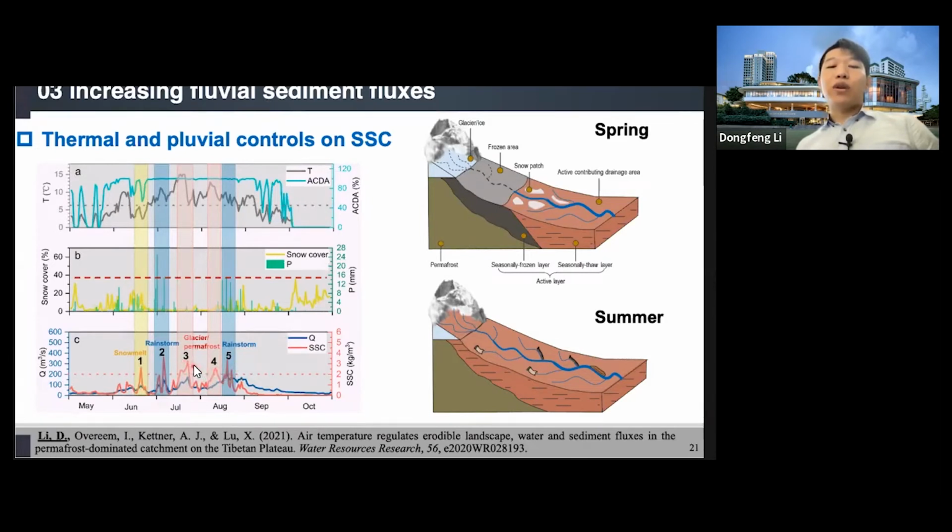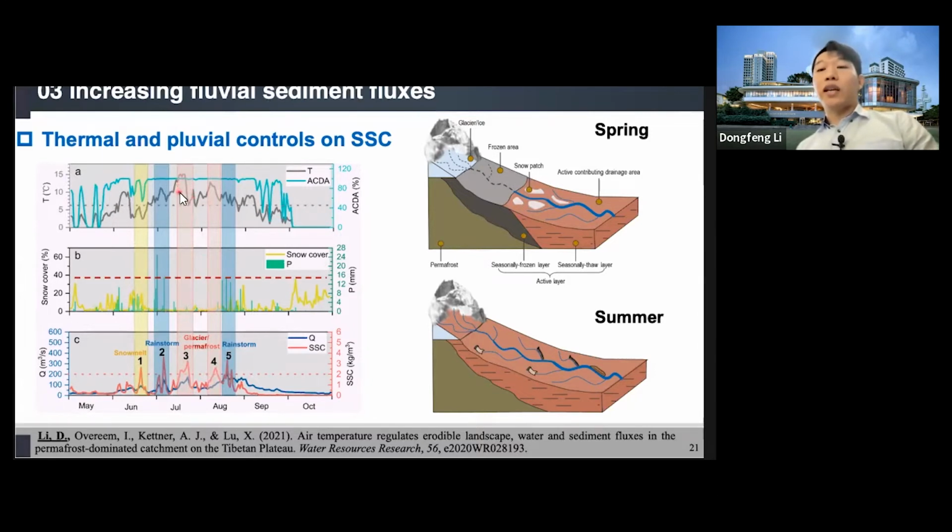And here the number 3 and number 4 events are something interesting, because in a cold mountainous environment, temperature is also very important. During these 2 events, we can see the precipitation is very low, basically close to 0. But there are 2 temperature peaks.